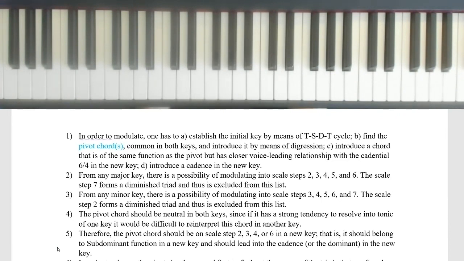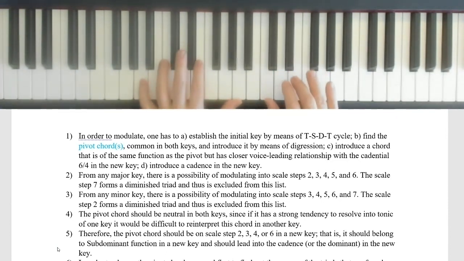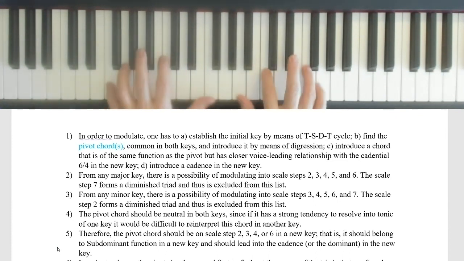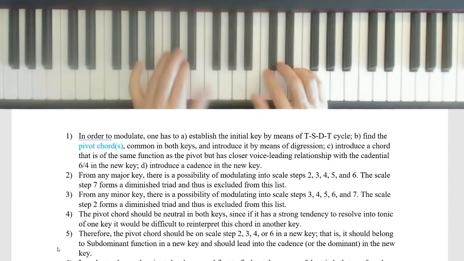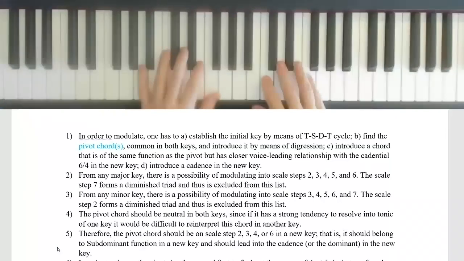But then, well, this is, for example, 3 in F. This is 3 in F. I'm going to F major. Yes, it is scale step 3 in F, median, but from this chord to get to dominant and tonic or cadential 6/4 to cadence in F major is quite difficult.